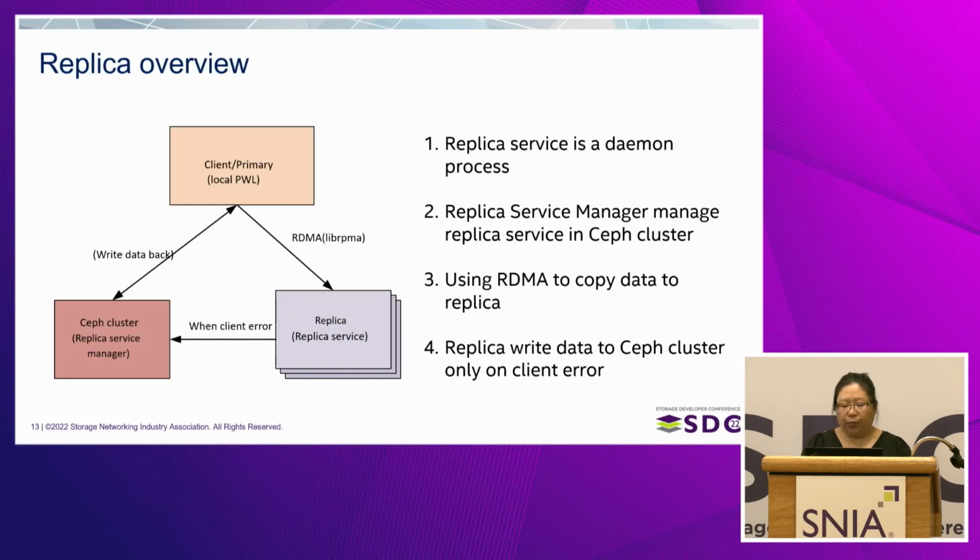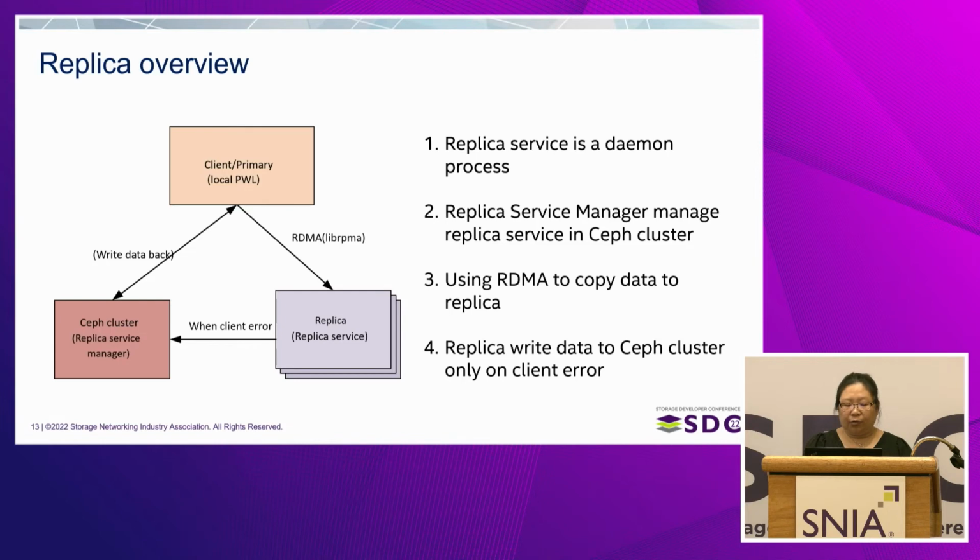We can assign some replicas for this primary. The primary client and the replica use RDMA and librpma to do the data write and control. And the Ceph cluster is the backend storage.